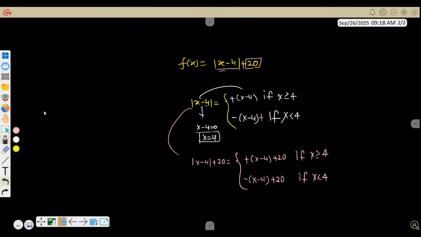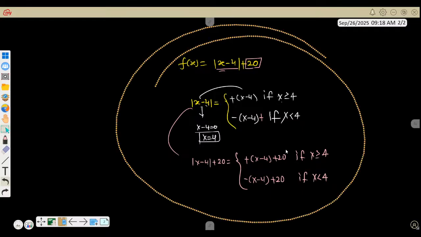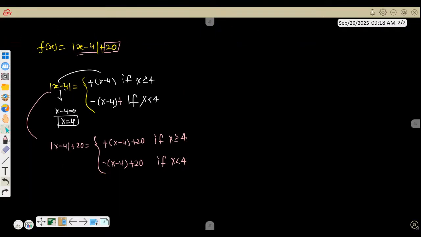And now if you understood this, do one more question of the same kind. This time you have f of x equal to 7 minus mod of x plus 3. Now tell me, first of all, make the piecewise function for this.